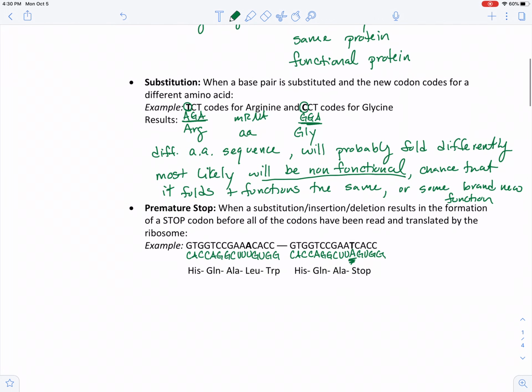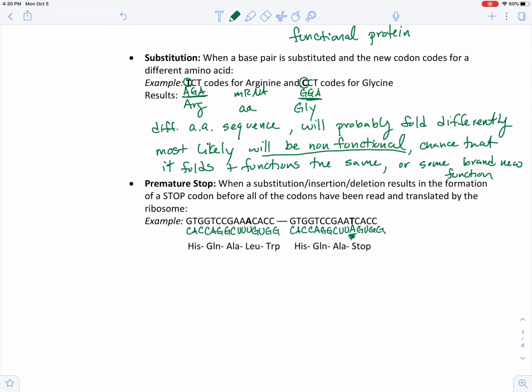All right. So the last type of point mutation result that we can have is a premature stop. So in this case, you have a substitution. We're going to talk about insertions and deletions later. So you have a substitution and it forms a stop codon instead.